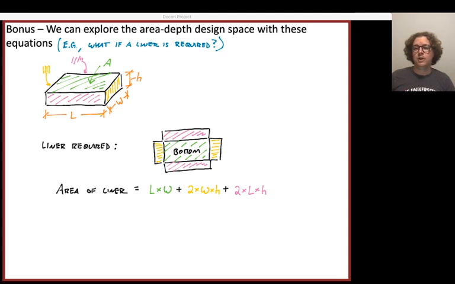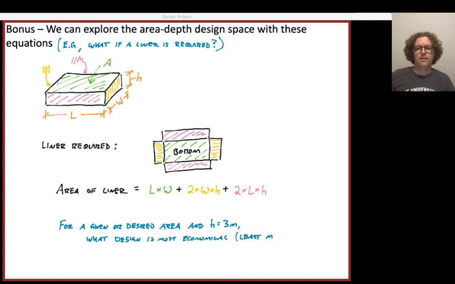Now here I'm pitching it as a rectangle. If you're feeling creative, you could make a circular pond or an ellipse or something more complicated. So we're just working through kind of an easy example here. So given that you know, for example, an area that you want to have, a depth that you're able to have, we still don't know what design is most economical, meaning uses the least of that liner material.